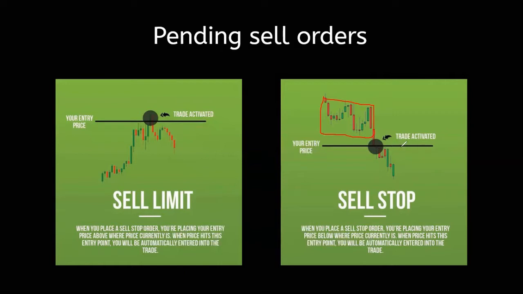You might not be there when it breaks, but if you see the rectangle right in time, you can place your pending order and take a sell on this automatically. And same thing, if it doesn't go to that price and it continues up, you are not engaged into any trades.